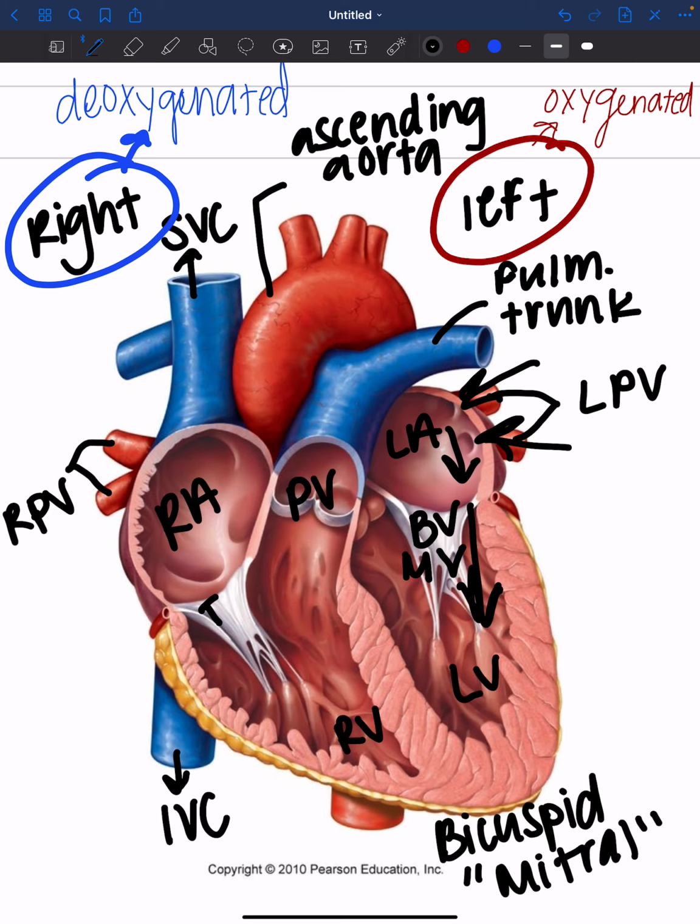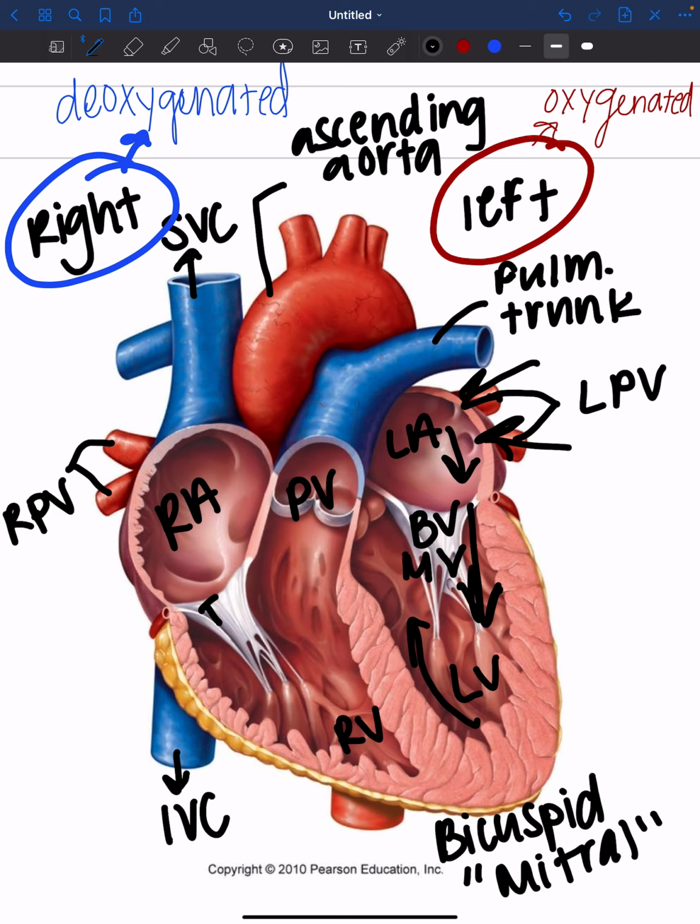Bicuspid is also mitral. From that bicuspid mitral valve, it's going into our left ventricle, so it's going through here. From that left ventricle, it's going through our aortic valve.